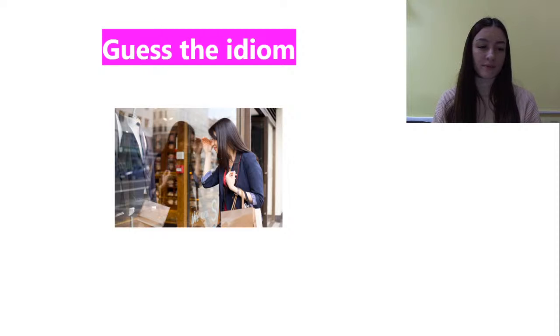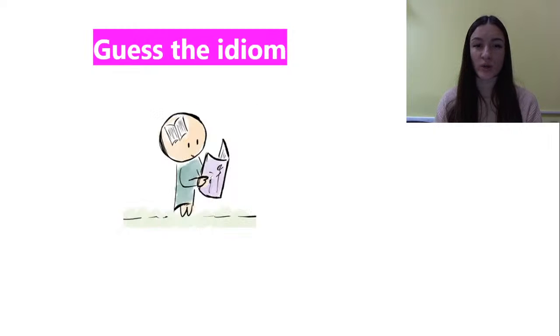What about this one? Very well. Brilliant. This is the one we started with. To go window shopping. To look but not to buy. Go window shopping. Well, and this one, she's reading and she's trying to memorize what she's reading.